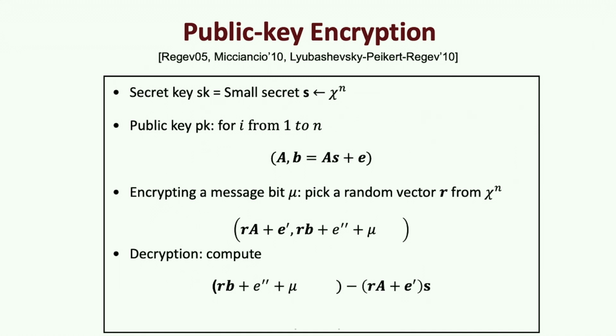What are the error terms? You have R times E, E double prime, and E prime times S. These are the error terms, and then you get all these plus the message mu. That's what the decryptor is going to recover when he computes this equation. If the message is arbitrary, you are killing a whole bunch of least significant bits of the message, so he's not going to be able to recover the message.